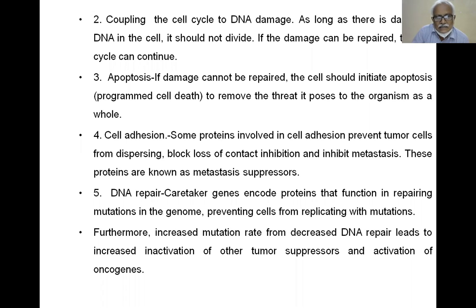That is programmed cell death to remove the threat it poses to the organism as a whole. So instead of the entire organism getting wasted, a small cut, that is apoptosis of that particular area of cells, will be curative.